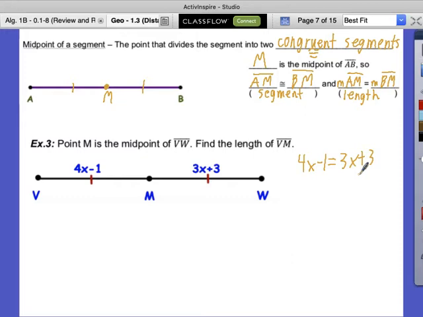You could add 1. There's a few different ones you could do. Let's add 1 first. Negative 1 plus 1 is 0. 4x is still there, equals is still there, 3x is still there. And what's 3 plus 1? 4. Now we have 4x equal to 3x plus 4.